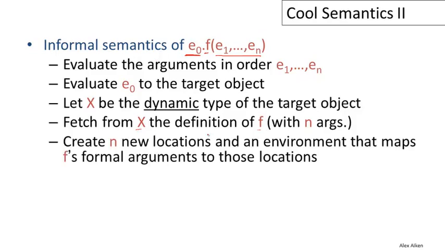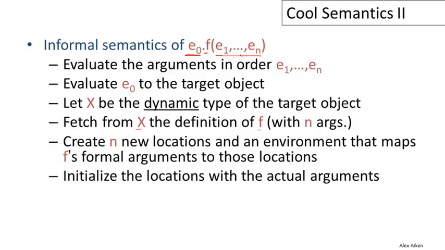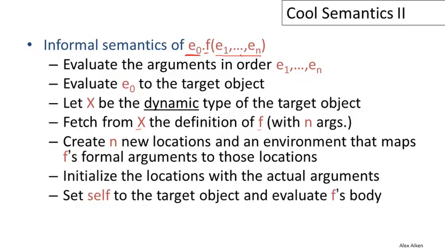Then we're going to create new locations and an environment for the call. Okay, so we're going to set up n new locations for the actual parameters. We're going to initialize those locations with the actual arguments. We're going to set self to be the target object, and then we're going to evaluate the body of f.